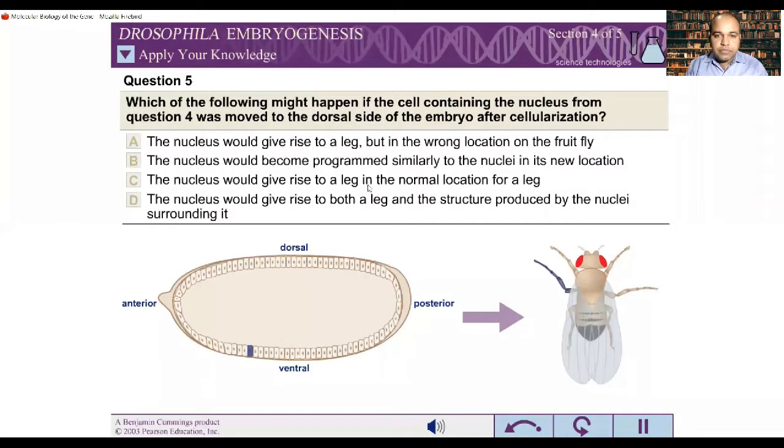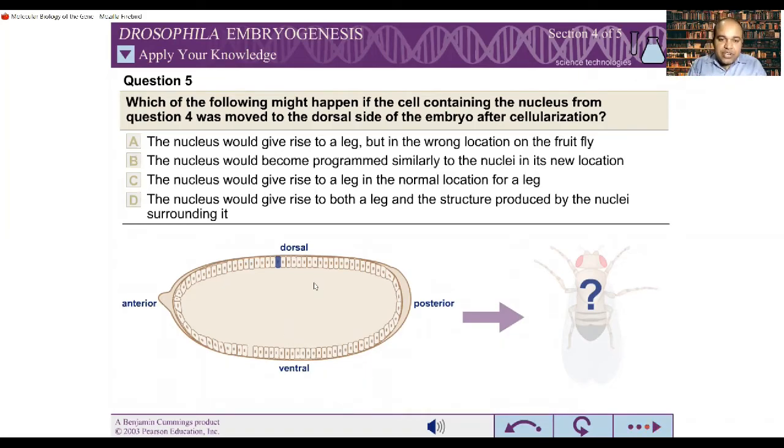See this? Question 5. Which of the following might happen if the cell containing the nucleus from question 4 was moved to the dorsal side of the embryo after cellularization? Now what the question framer wants to ask is, after the cellularization has taken place, now the cell has been transferred.